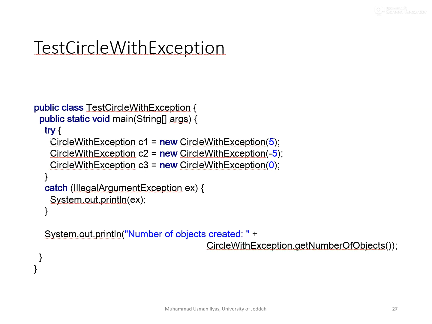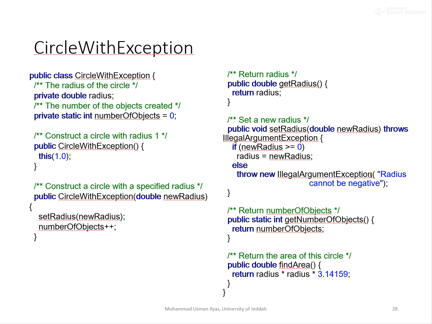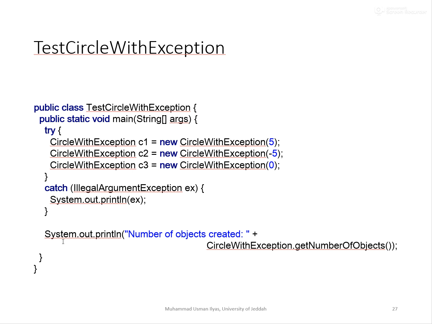which in turn passes it back to the main method over here, and we catch and handle the exception in this catch block. And all we do is print out the exception object ex that we're catching, and usually that prints out that message, radius cannot be negative. That's what we expect to see.